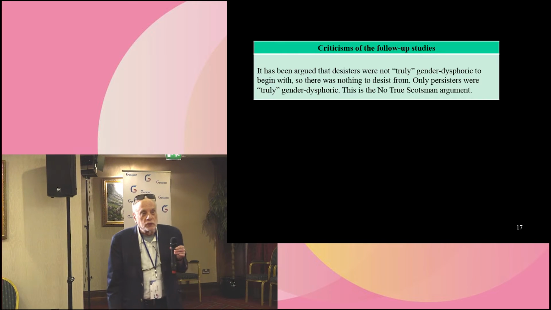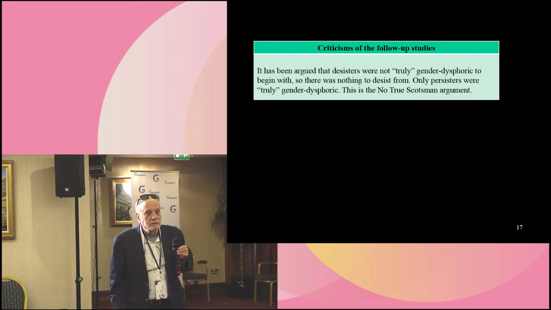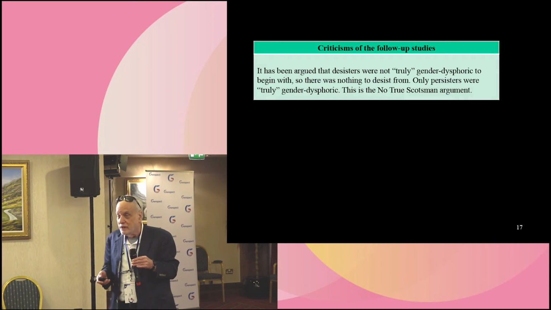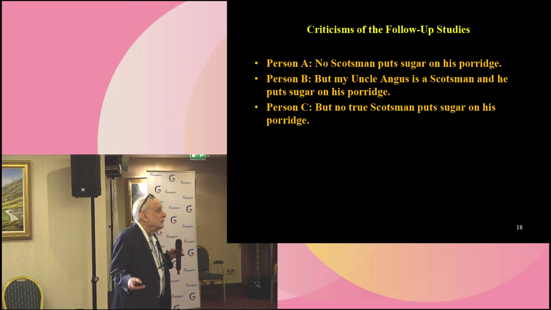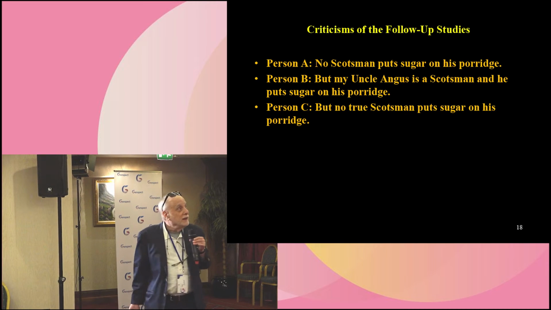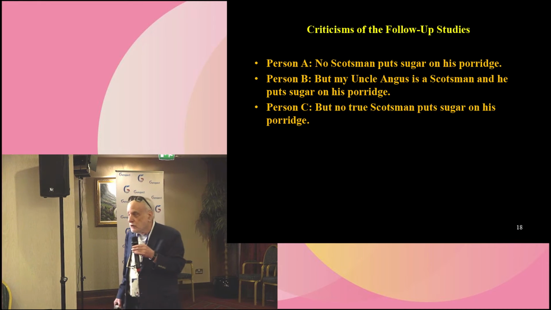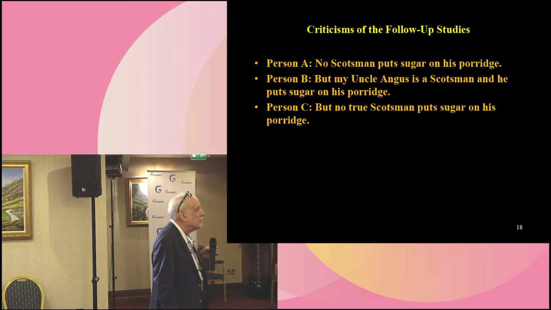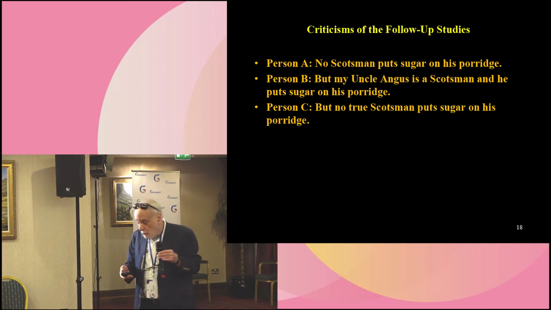And I figure since we're close to Scotland, I should talk about what the no true Scotsman is. No Scotsman puts sugar on his porridge. But my Uncle Angus is a Scotsman, and he puts sugar on his porridge. But no true Scotsman puts sugar on his porridge. So you can't really win.